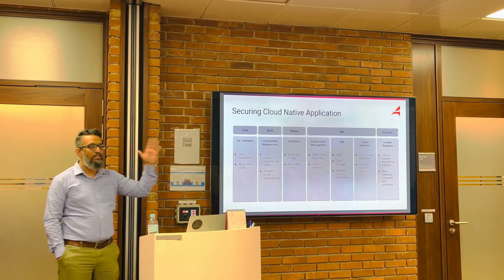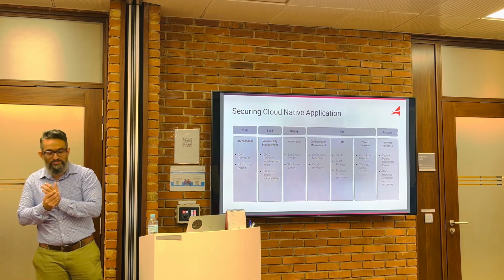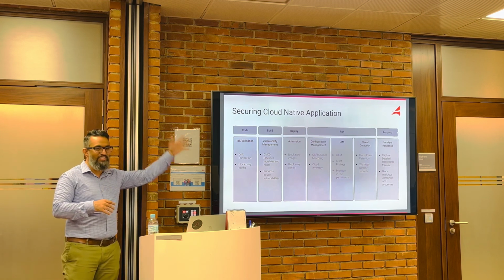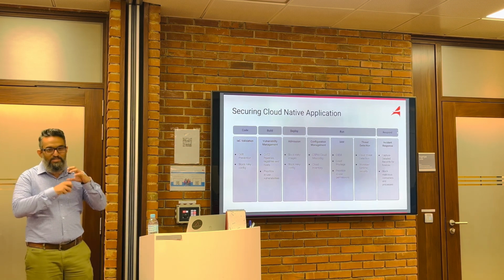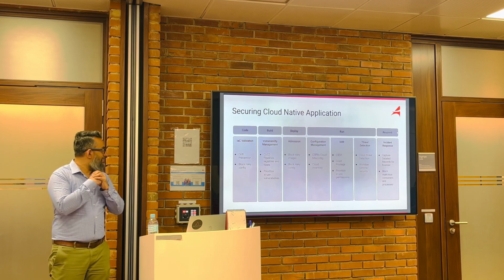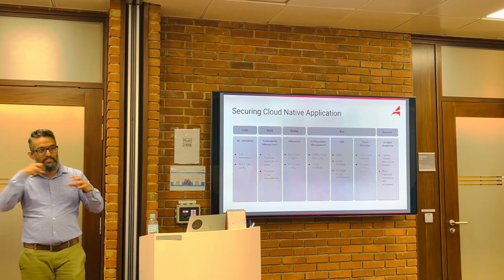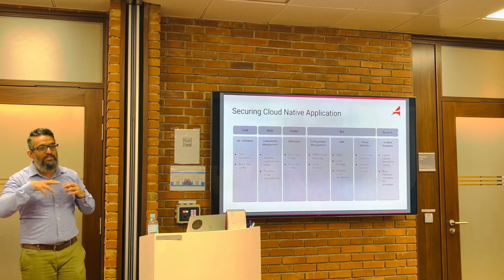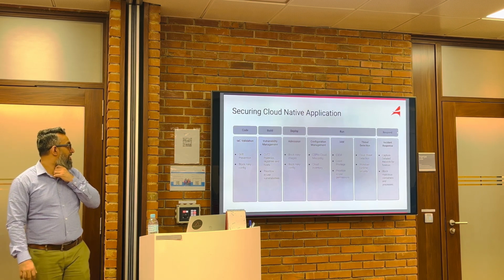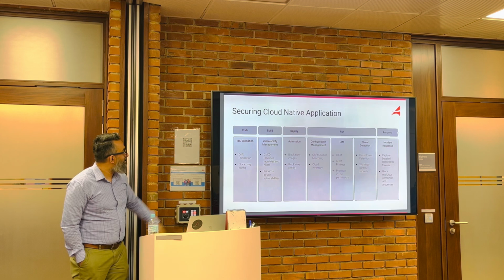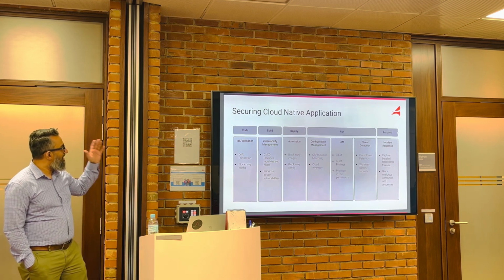You make sure the passwords are not submitted to Git. So you have a validation where it doesn't let you commit such things to Git, or if it is already there, you could do a pull and then do analysis as well, right? That actually comes in the build phase.